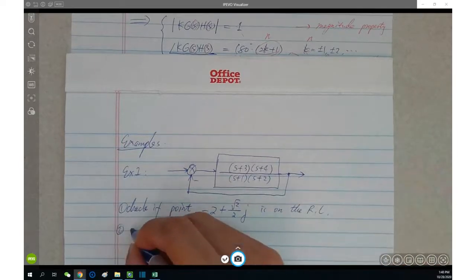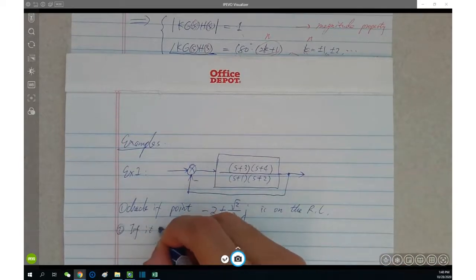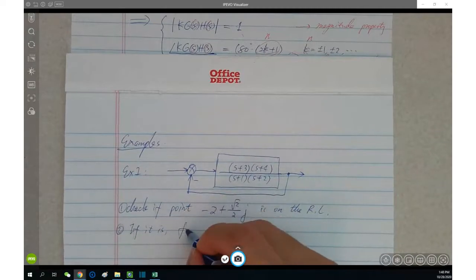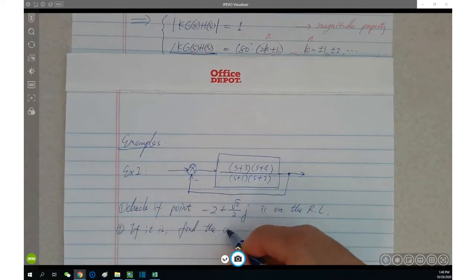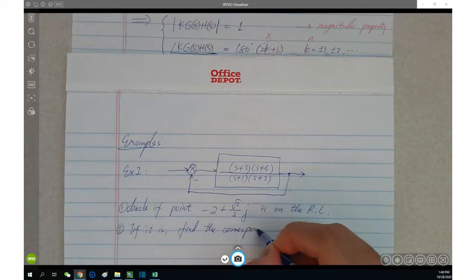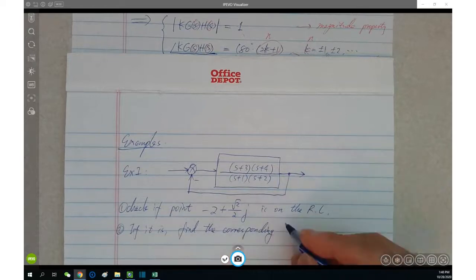Second, if it is, find the corresponding k value.